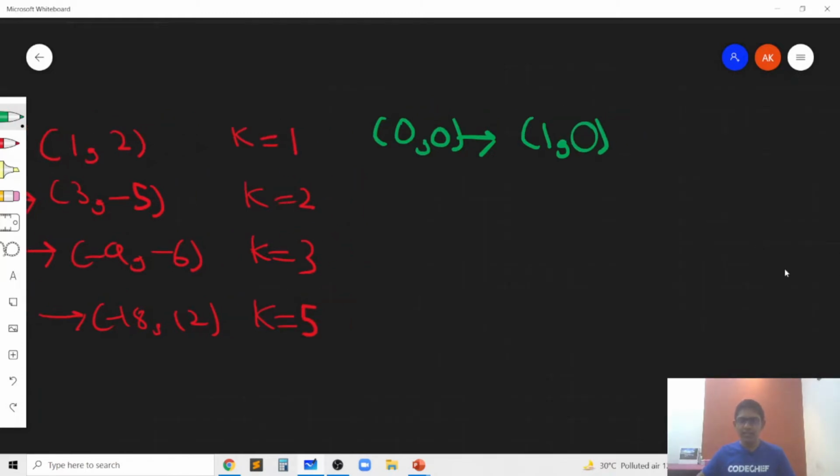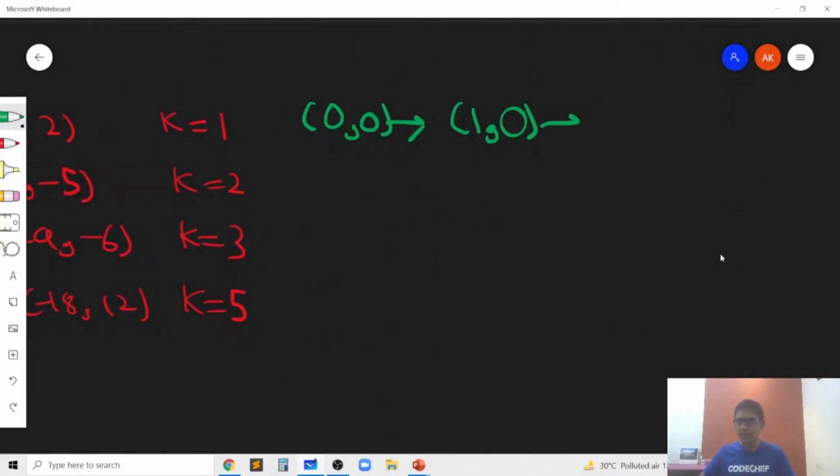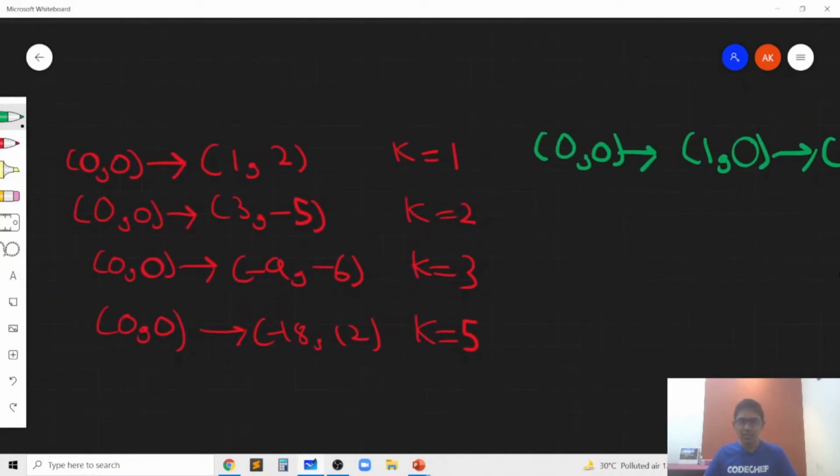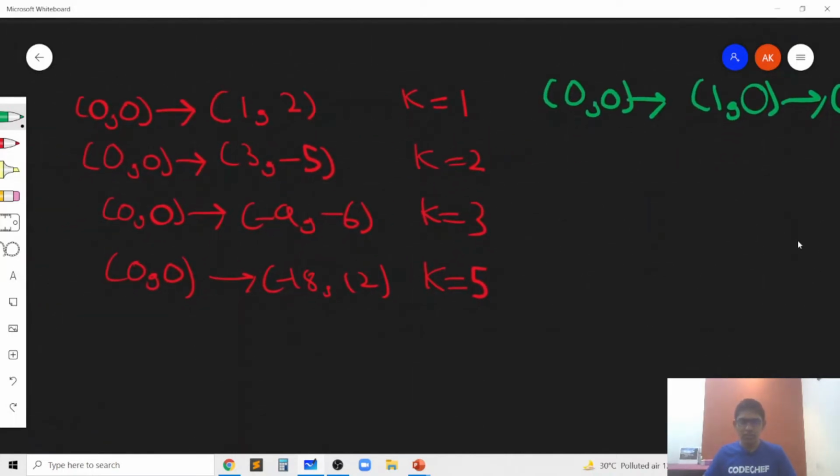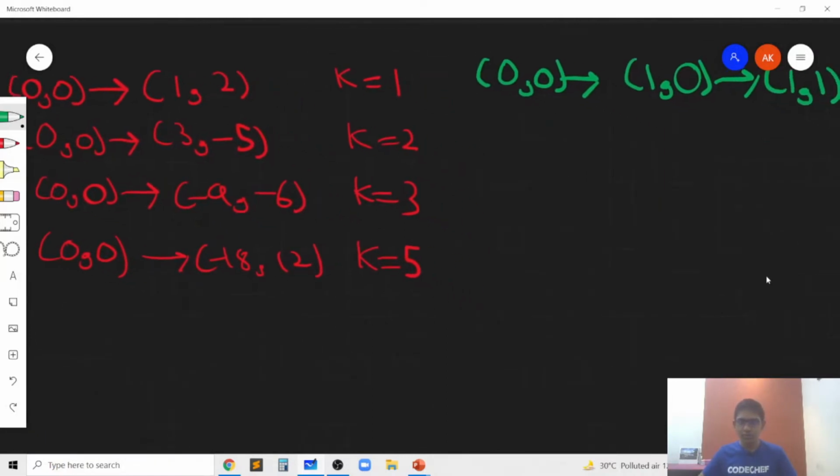Then we can increase the y coordinate by 1 to reach 1, 1, and then we can increase the y coordinate by 1 again to reach 1, 2. In this way, we start from 0, 0 and reach 1, 2. Then similarly, we can try and find a way to reach 3, minus 5 from 0, 0.